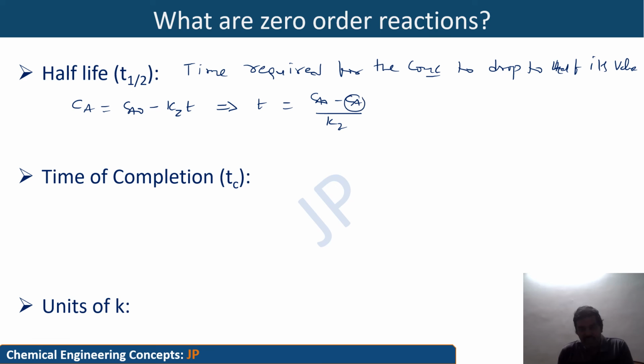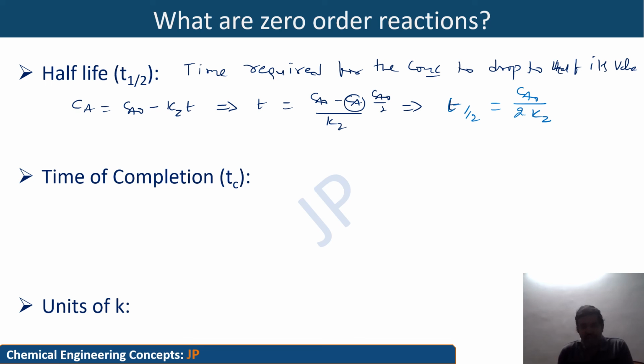So Ca will take the value of Ca0 by 2. Then finally we arrive at, if I substitute, the half-life t half is going to be Ca0 by 2 Kz.